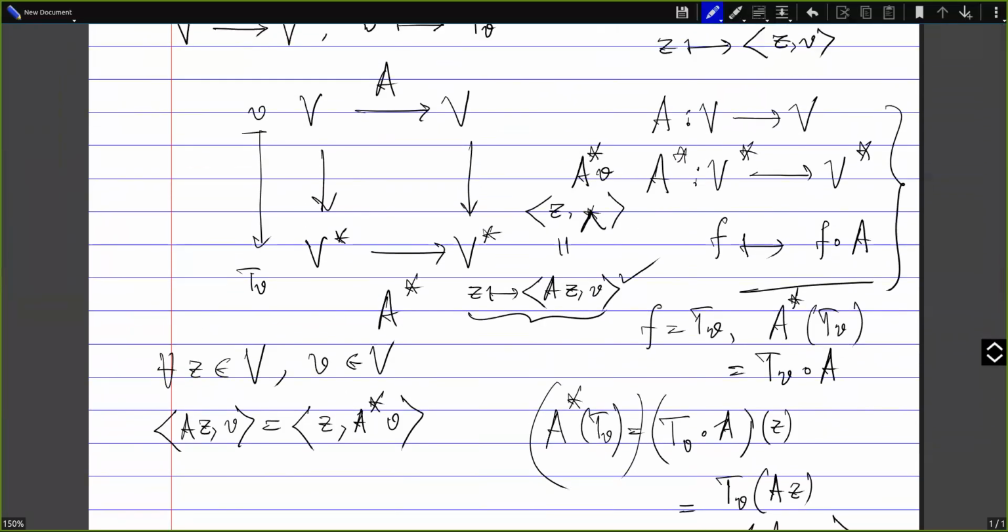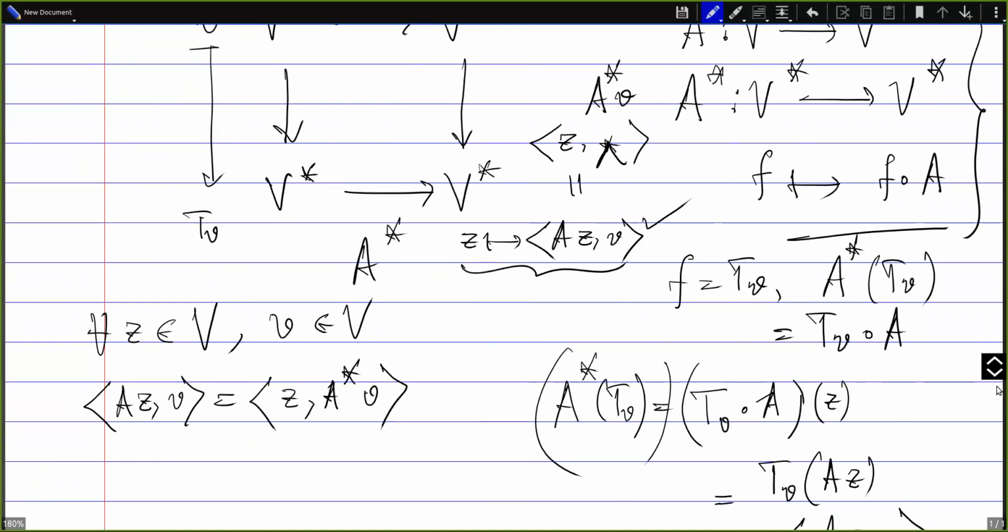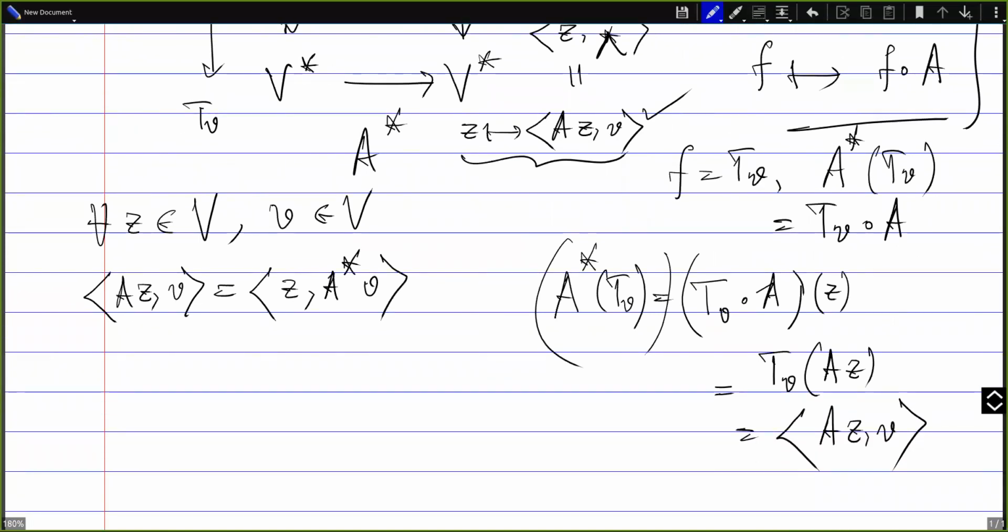Using this Riesz representation theorem, the advantage is the following: if we send each V to A star V, then that becomes a linear map. I leave this checking to you.